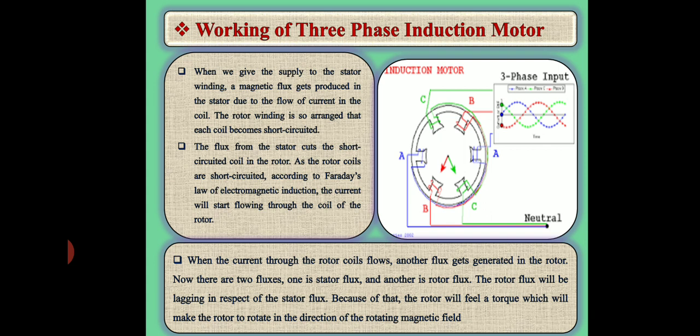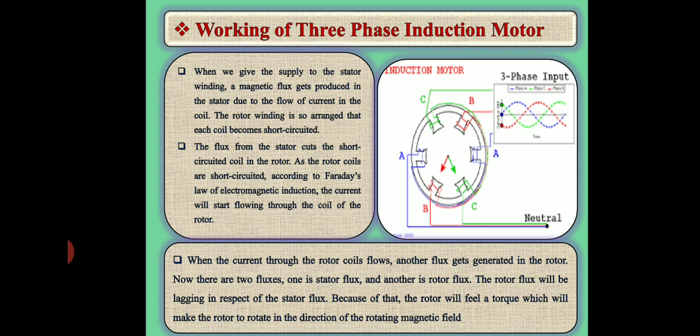The magnetic flux produced by the stator winding rotates at synchronous speed in the air gap. The flux from the stator cuts the short-circuited coils in the rotor. As the rotor coils are short-circuited, according to Faraday's law of electromagnetic induction, current starts flowing through the rotor coils.